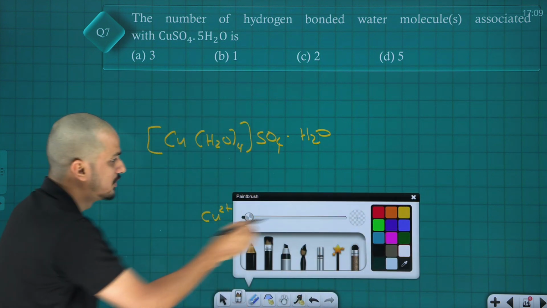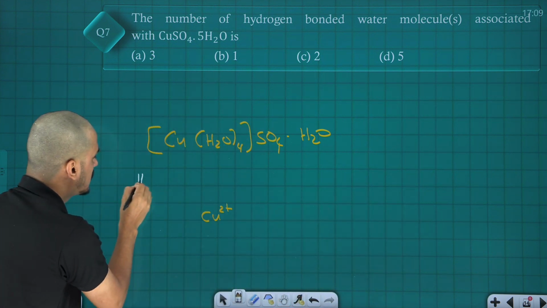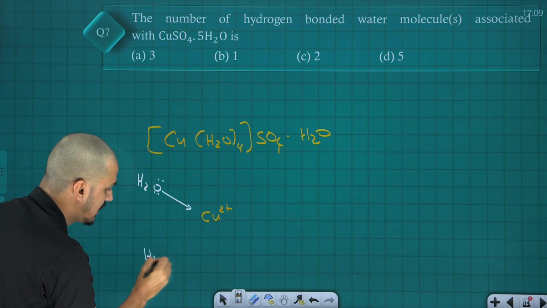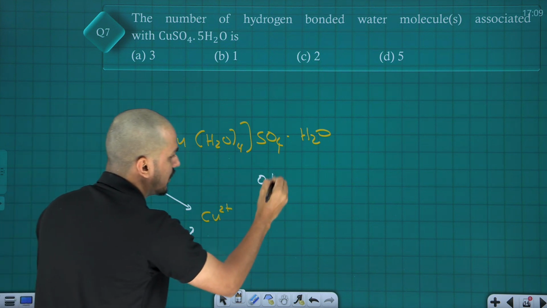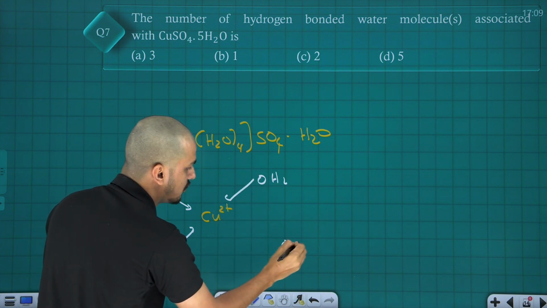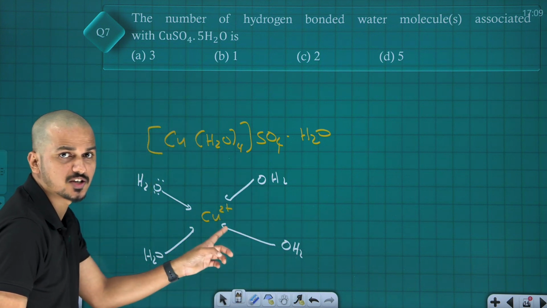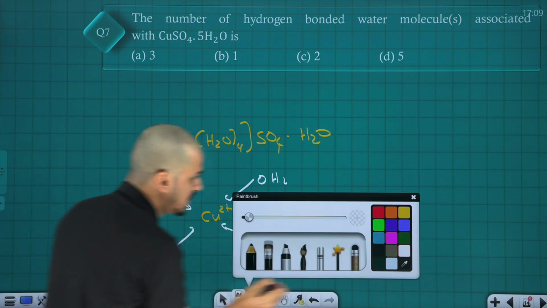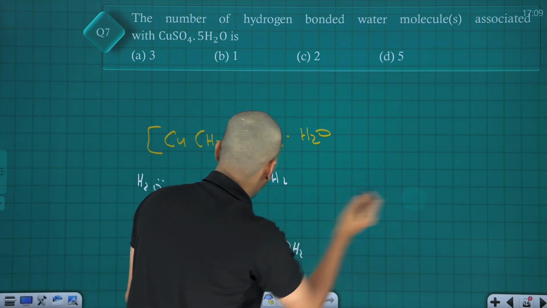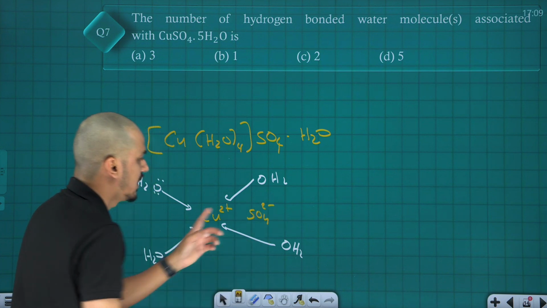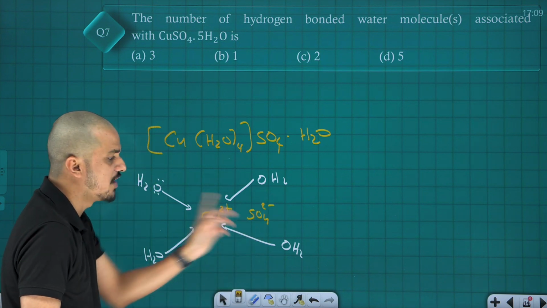Around copper 2 plus, the central metal atom, how many H2O? 4 H2O, they are donating lone pairs with coordinate bonds to the central metal atom. Nearer to that Cu2 plus, SO4 2 minus will be there, forming an ionic bond.